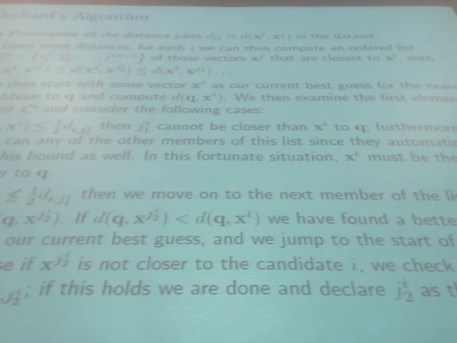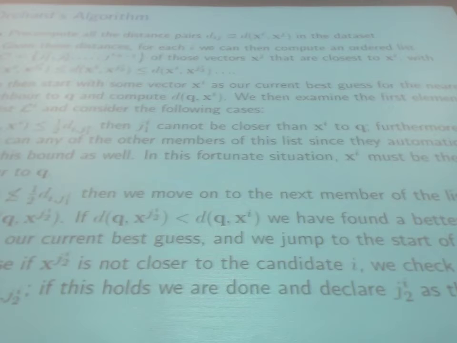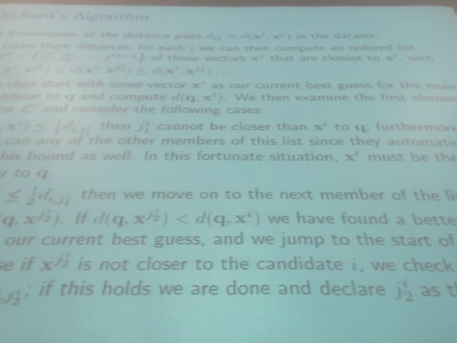It's not possible. And if that's not possible, because this list is ordered, then none of the other elements of this list can be closer either. So what that means is that you automatically found the nearest neighbor.